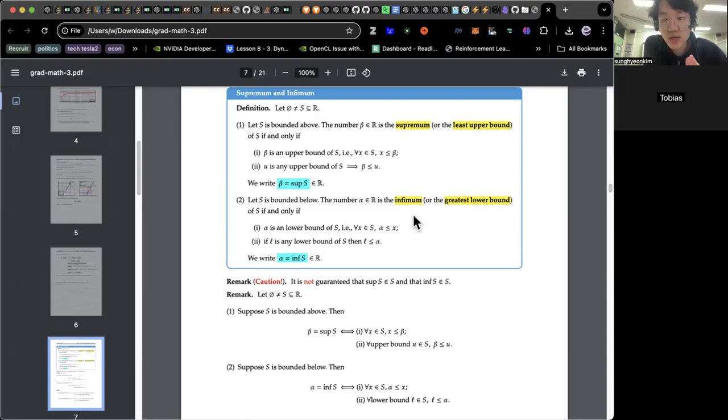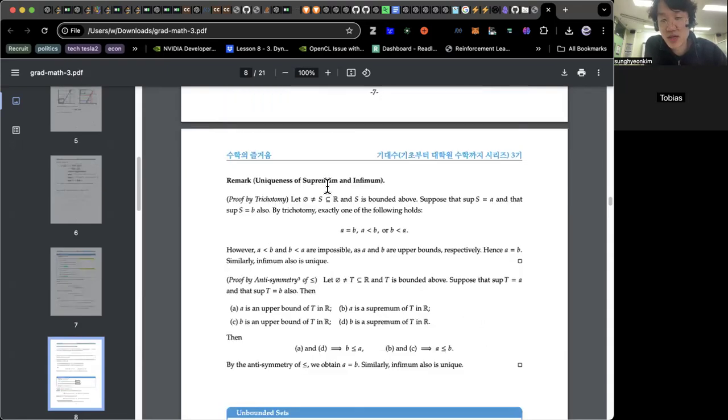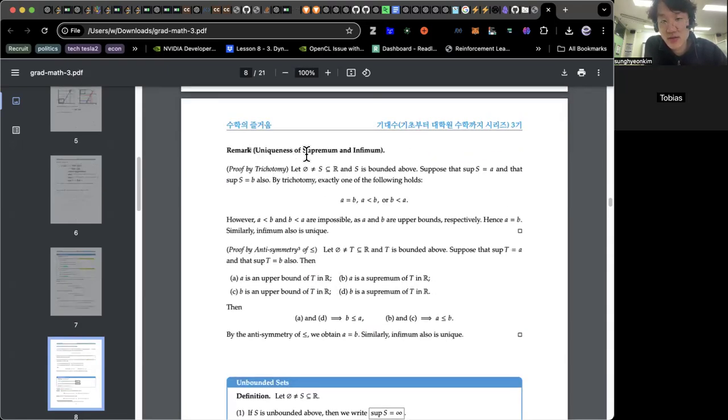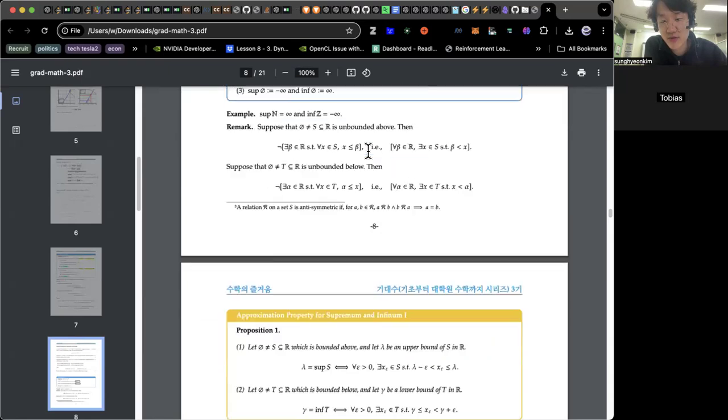For supremum, the first condition is that beta is an upper bound, which is the definition of upper bound, and the second one is that among any upper bound, if it is the smallest one, we will call B the supremum. We will also show the uniqueness of supremum and infimum.